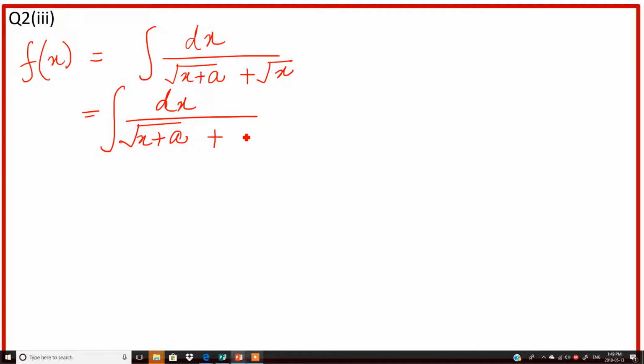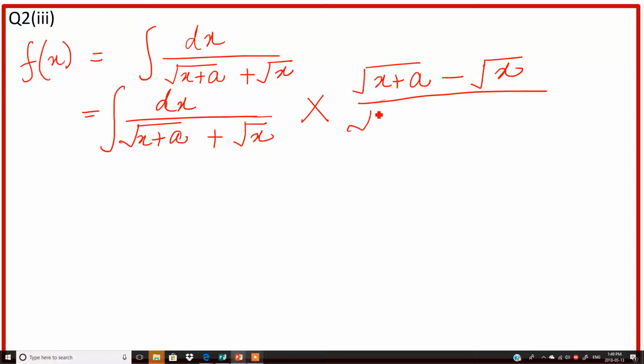under root x plus a plus under root x, and then we have to multiply and divide with the same term, under root x plus a, under root x, but with the opposite sign. Whatever sign we have, if it is negative we make it positive, but here we have positive, so we make it negative, and divide by exactly the same term.